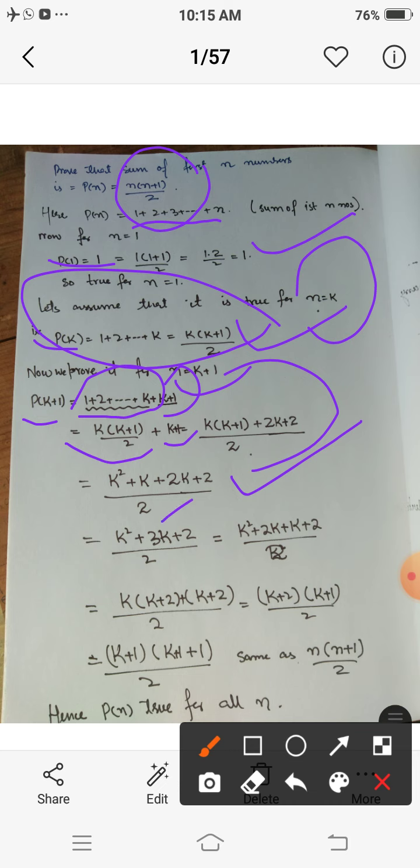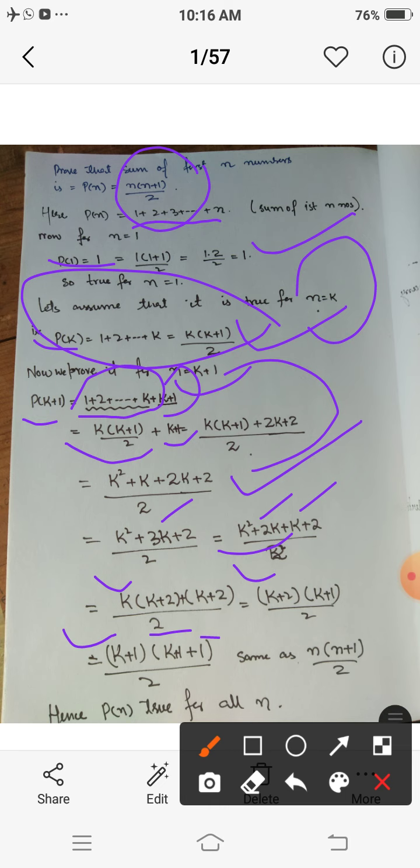Now splitting the middle term as 2k plus k, taking k common from the first two terms, it is k into k plus 2, plus 1 into k plus 2. Now again taking k plus 2 common, it is k plus 2 into k plus 1 by 2, where k plus 2 can be written as k plus 1 plus 1.